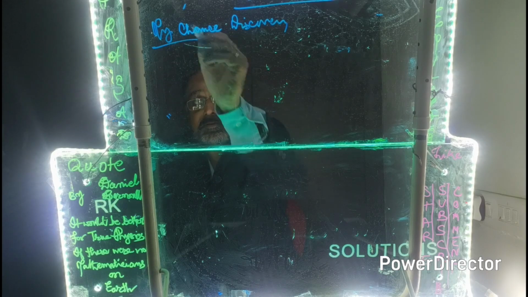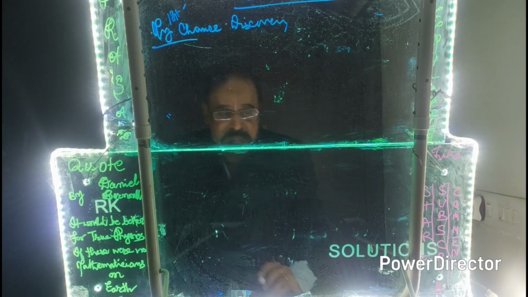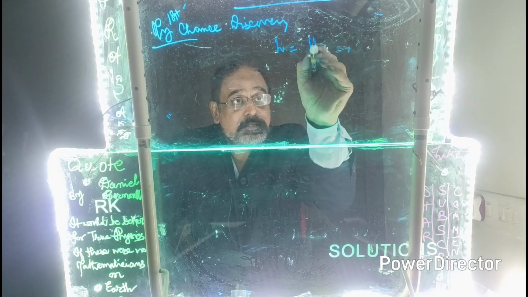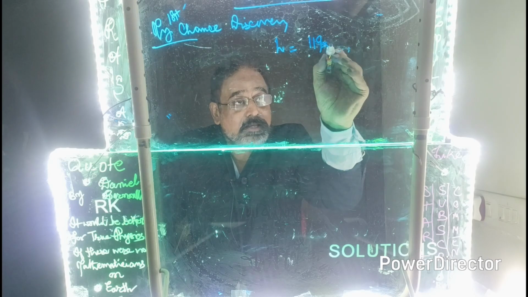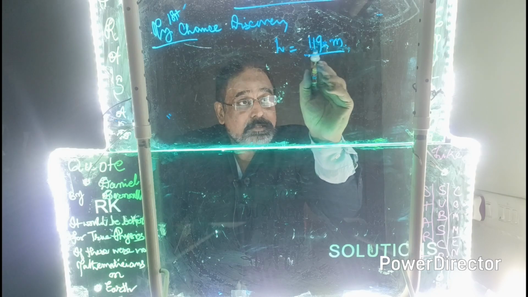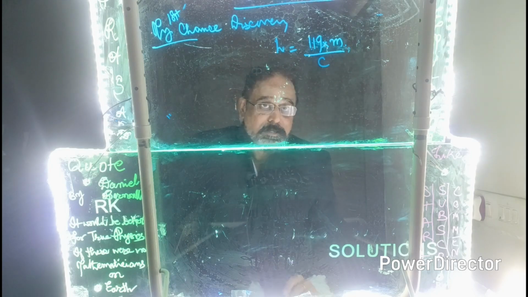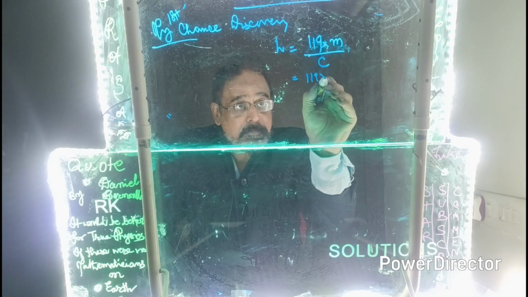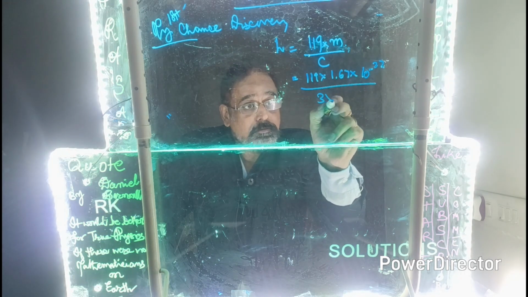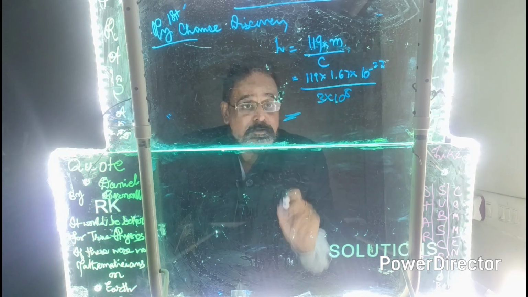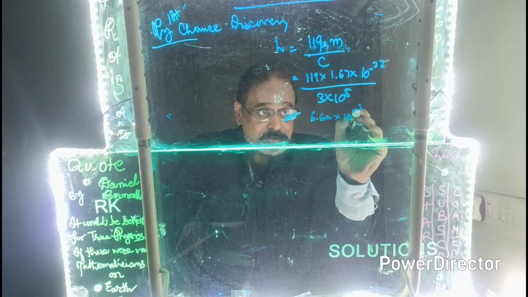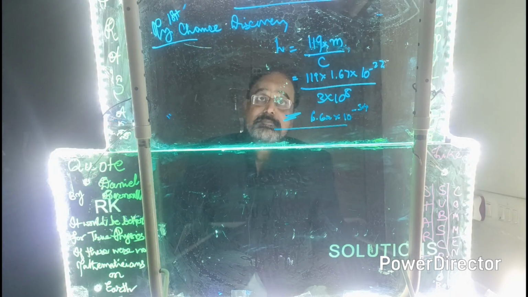My chance discovery, rather first, was that Planck's constant can be got by multiplying the mass of proton, 119 times the mass of proton, and dividing with C. This is 119 into 1.67 into 10 raised to minus 27 into 3 into 10 raised to 8, which is equal to 6.62 and 602 into 10 raised to minus 34. That's the Planck's constant.